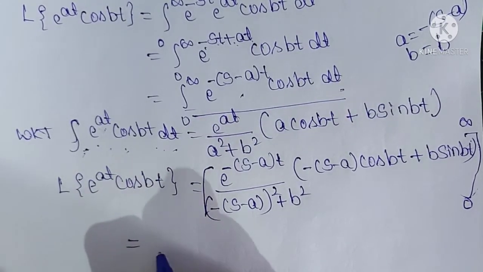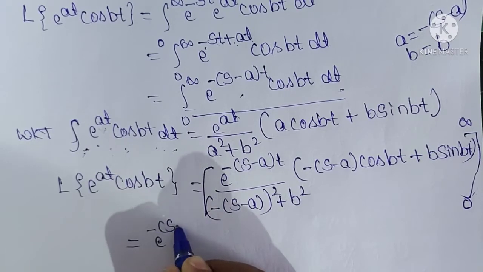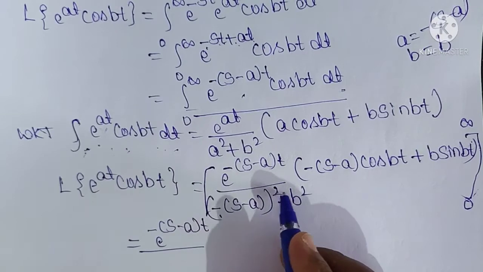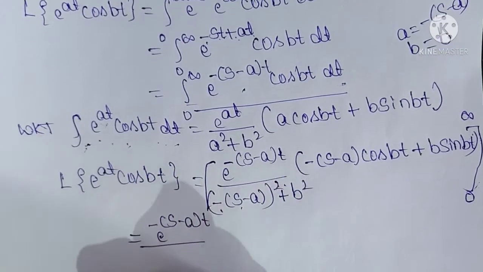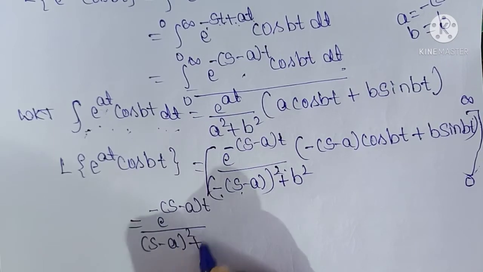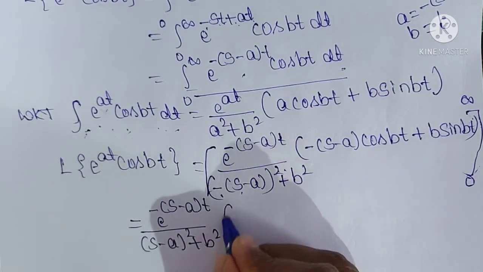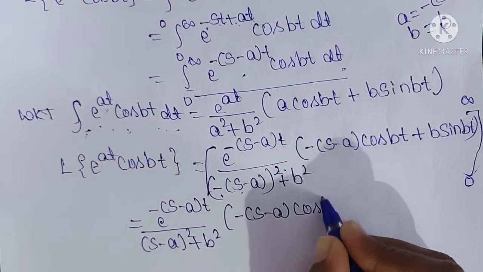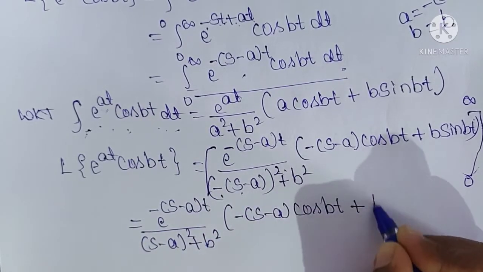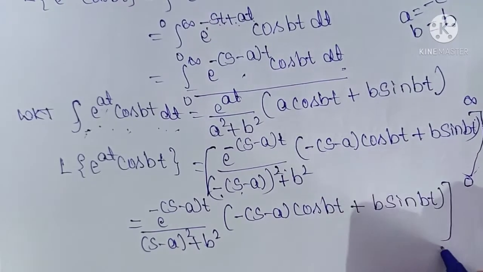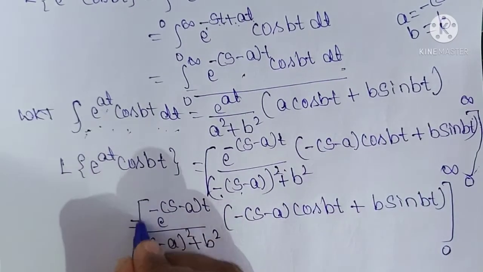This implies e power minus (s minus a) t divided by (minus (s minus a)) whole square plus b square, into (minus (s minus a) cos bt plus b sin bt), limits 0 to infinity.